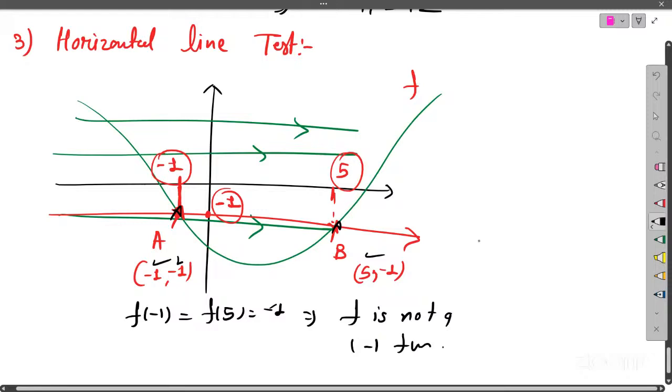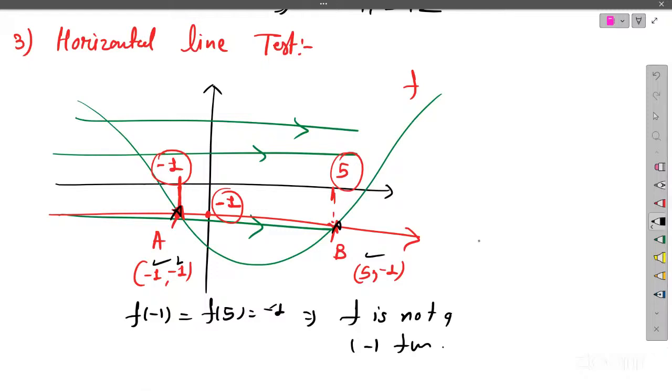Okay, so the horizontal line test means you have to draw several horizontal lines, and if you can find one horizontal line which is intersecting the graph of a function more than once, then you can say that that function, or whatever function represents that particular graph, is not a 1-1 function.